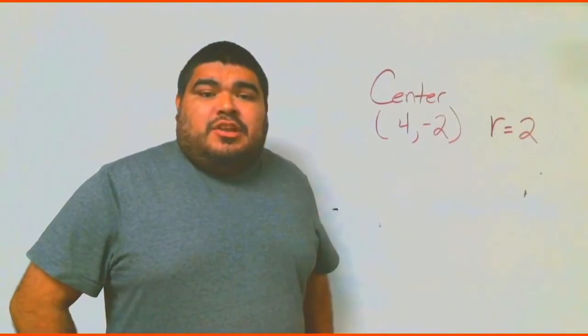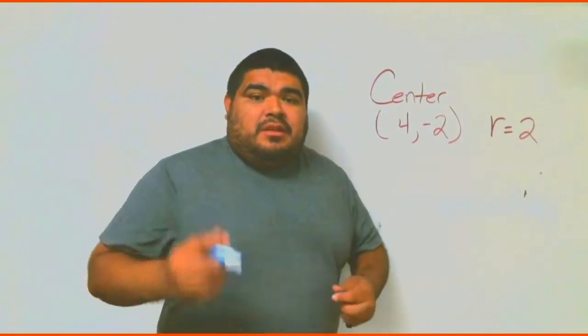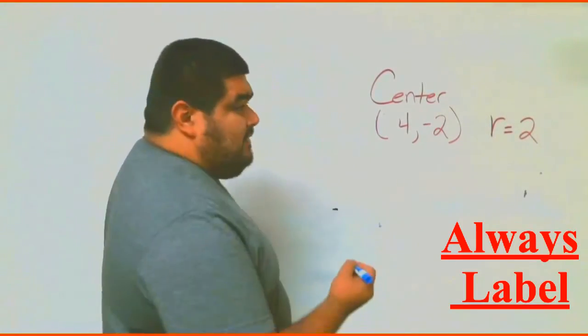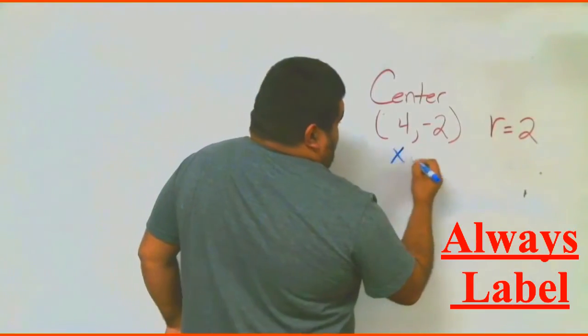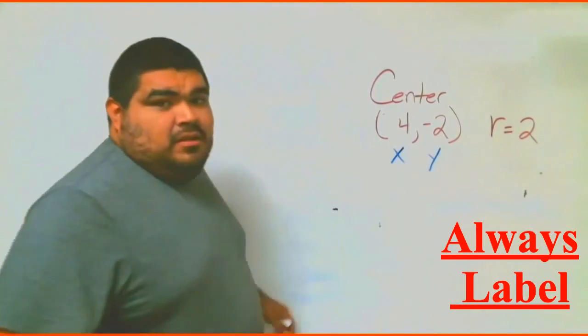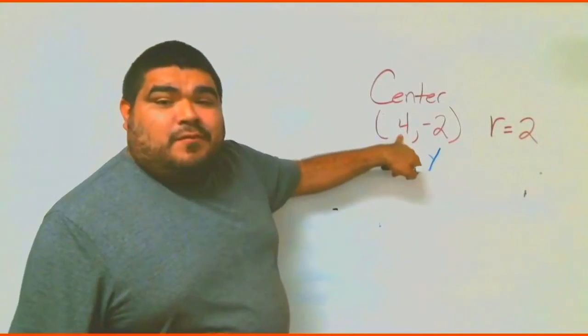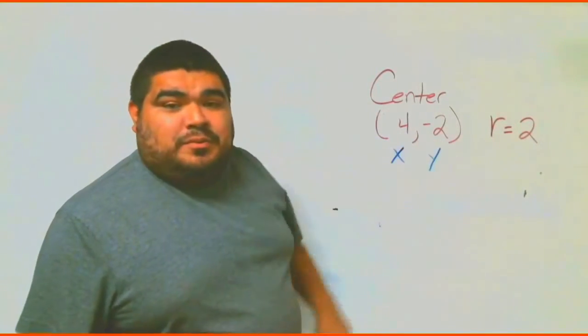All right, guys, so last class we plugged it into the equation. Today we're going to graph it. So remember, always label. We have your x, we have your y. It says that the center of our problem is located at 4, comma, -2.